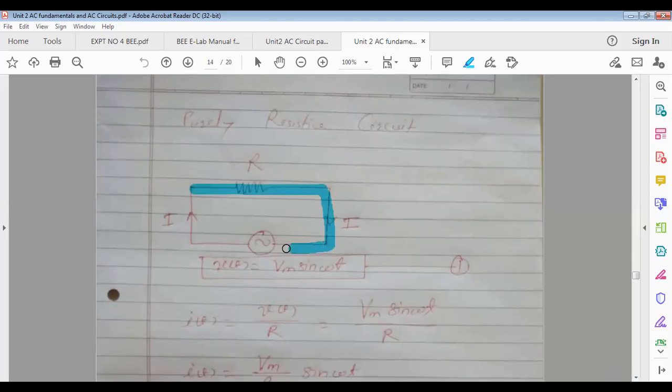Resistance is connected. Everyone has to listen. I told you more weightage is there for numericals. If the concepts I am teaching are not clear, then you can't attempt the single phase AC circuit numericals in the second unit. And if you don't get the concept of single phase AC circuits, then you can't attempt the questions in the fourth unit, which is three phase AC circuits.